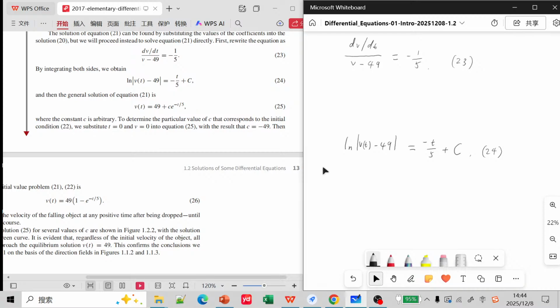So similarly, we do the antiderivative as in the previous examples. It's about the natural log. We have to know some basic formulas, but how to start?